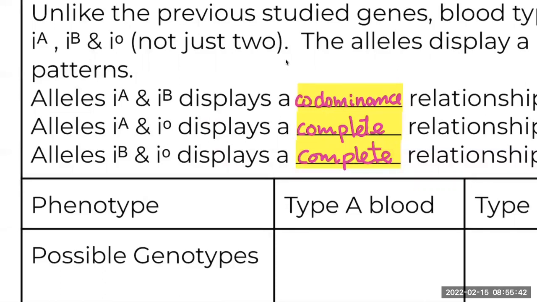If you get A and A together, then of course you get A blood. B and B together, you get B blood. And then A and O will have A, because O doesn't display any antigens on the red blood cells. And then B and O, again, you're going to get B blood because O is not displaying any antigens on the red blood cells.